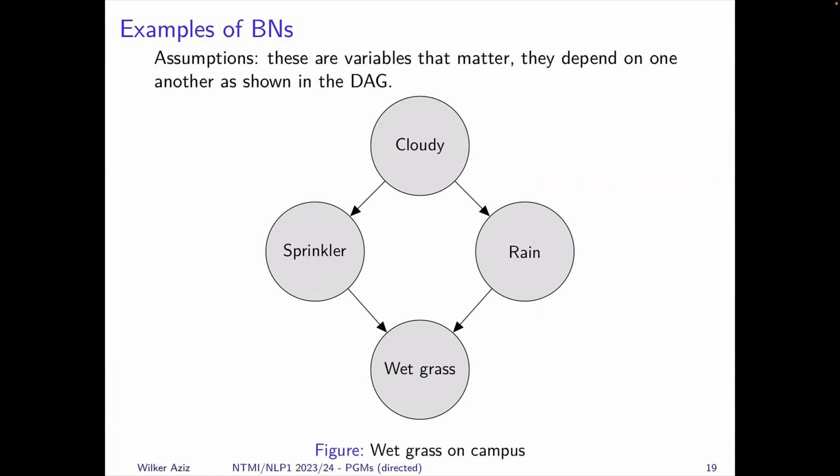And once you know whether the sprinkler is on or off, and you know whether or not it's raining, you no longer need to know whether or not it's cloudy in order to talk about the probability of the grass being wet on the campus. So you see, there is a bit of semantics here and a bit of choices that I make in setting this up. But crucially, we see that by knowing the values of sprinkler and rain, I no longer need to know the value of cloudy in order to talk about the probability of wet grass. So this is a conditional independence statement.